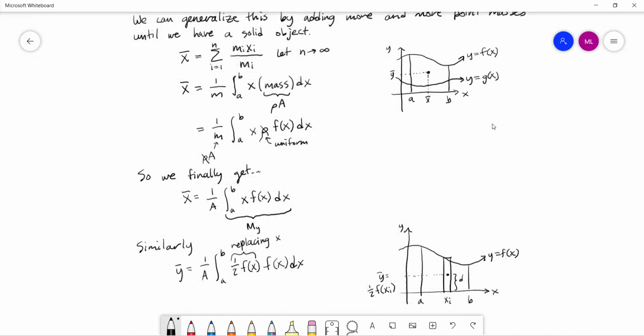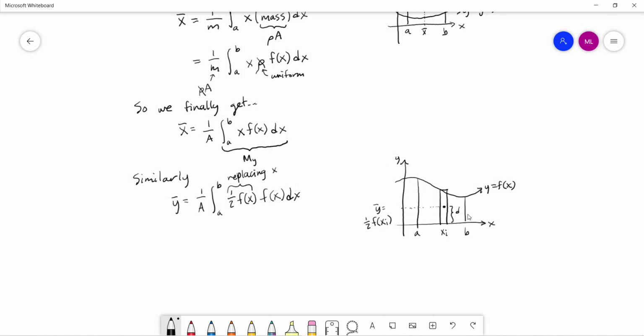Whereas similarly over here, we were interested in what is this distance, d. Over here, the distance d is just whatever the x-coordinate is of the given point that you're interested in. Over here, the distance d is half the distance from the x-axis up to the total height of the curve. That's the middle part of this particular slice that we're looking at.